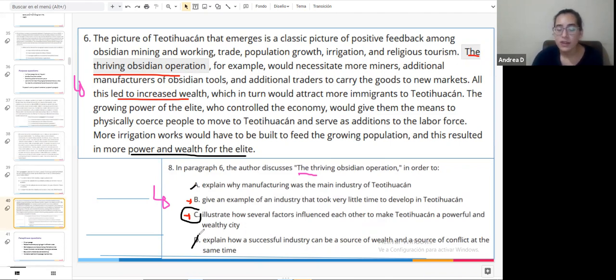So let me tell you this. Usually, in general, for all of the paragraphs, there's obviously a main idea, a main statement or claim, and everything that's there is trying to support that idea. I don't know if you guys remember in the writing section, we said in the first sentence you need to write your main claim.